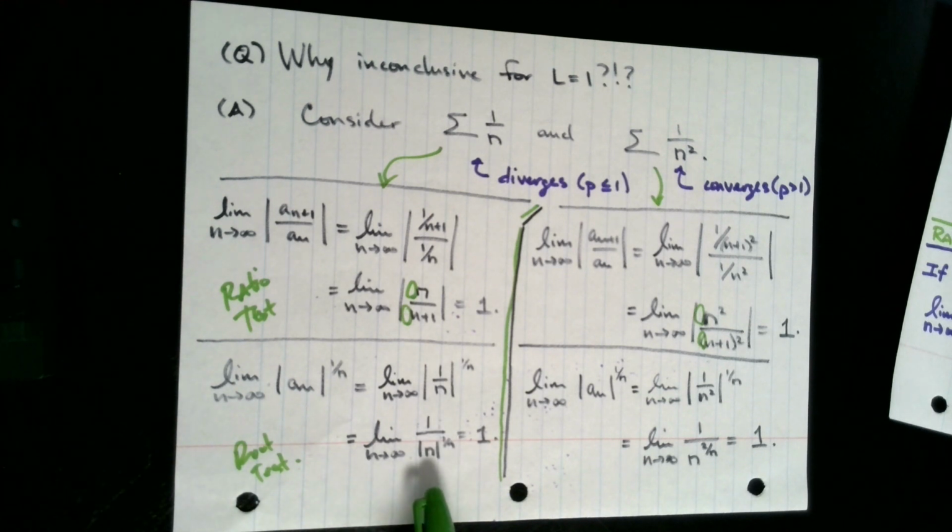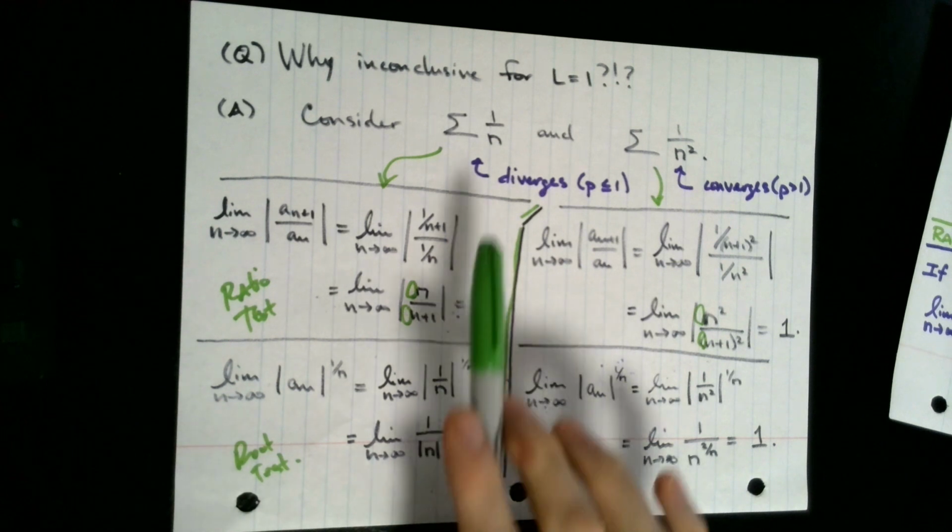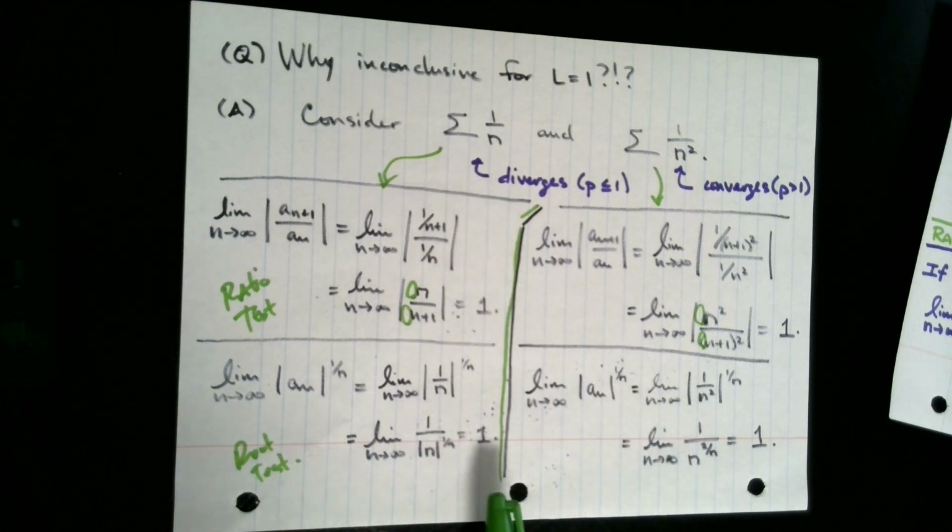This is a fact back from Calc 1, but this limit that's downstairs, a cheap way to remember this is it sort of starts to look like something to the 0 power, which something to the 0 power is 1. That's a cheap way to think about it, but it's ultimately what's going on. Long story short, this expression down here has a limit that is 1 via the root test. So that means our divergent series takes a value of 1 in the limit associated with the root test.